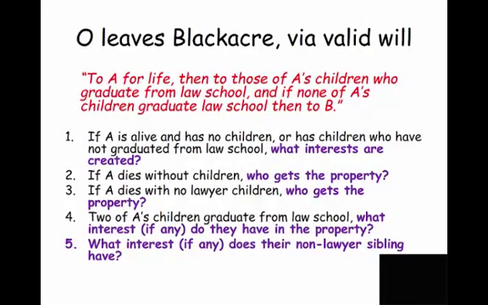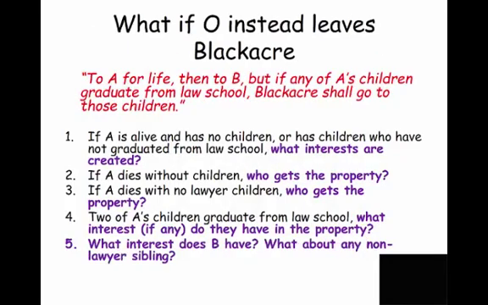What if instead somebody wanted to create an executory interest? How would they do that? So let's look at another example. What if instead O leaves Blackacre to A for life, then to B, but if any of A's children graduate from law school, Blackacre shall go to those children.